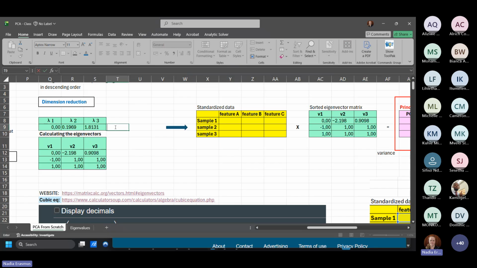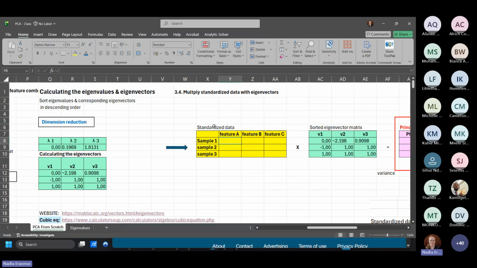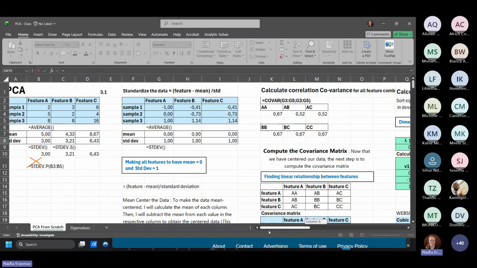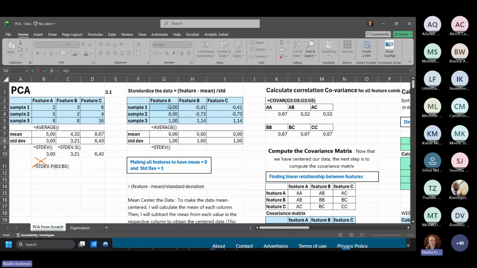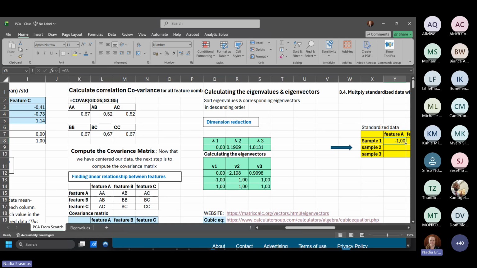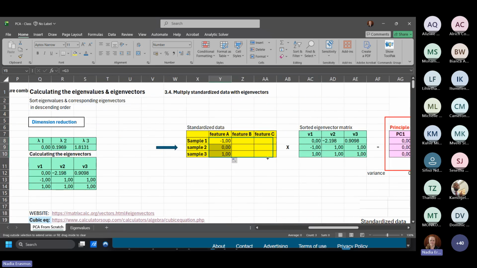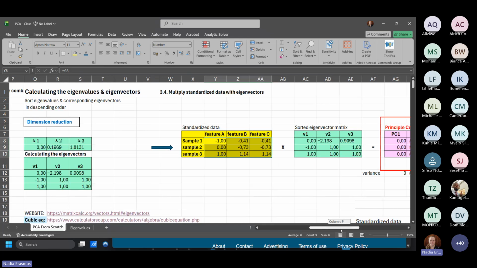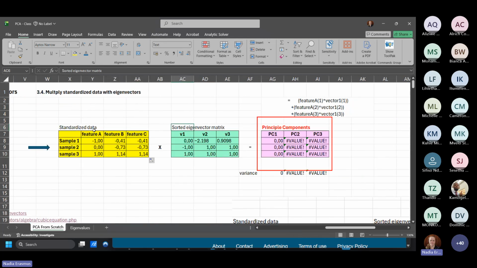Now that you have your eigenvalues and eigenvectors, you are going to use your standardized data, which you previously calculated. You fill this space with those values and multiply it with your eigenvector matrix, and you get your principal component.